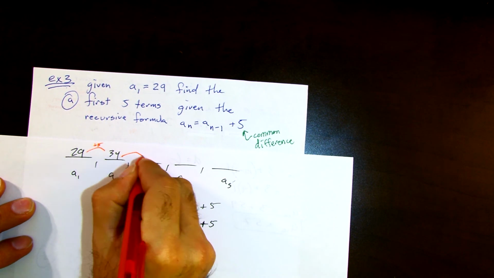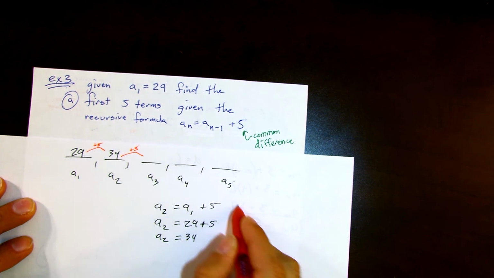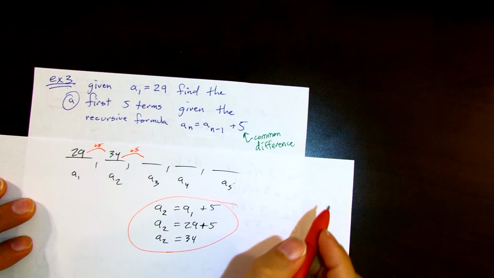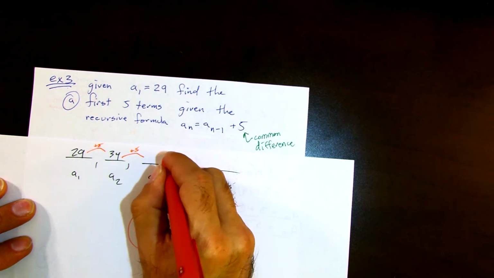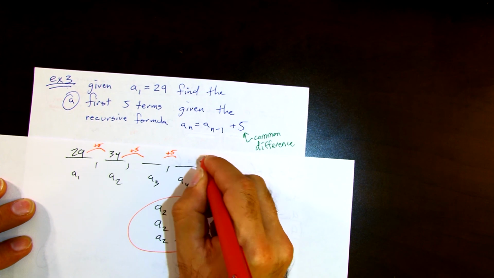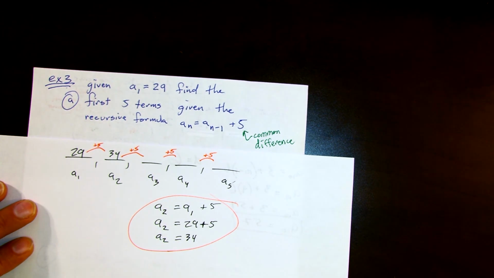One thing we know is the common difference is plus 5. So after we do the recursive for one of them, I think we're ready to see that. We can just add 5. Nice, Cam. There you go.